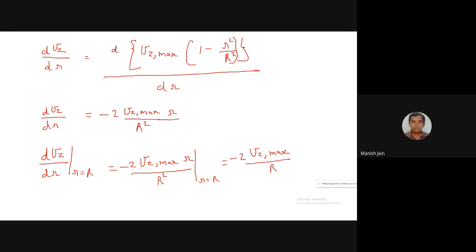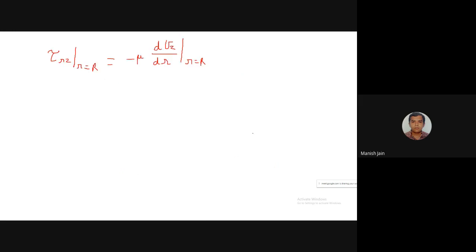Okay, just substitute the value, and you will get 2 mu vz max divided by capital R. So this is the value of tau rz at r equal to capital R. Now that is equal to tau w.